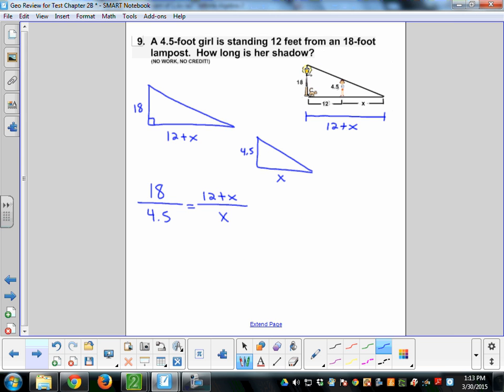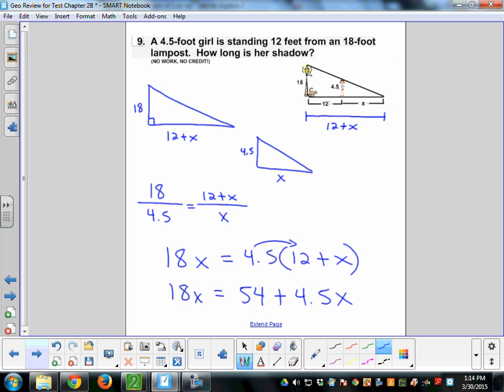When you cross multiply, it might seem a little weird, but you get 18x equals 4.5 times that whole quantity, 12 plus x. So 4.5 times 12 is 54. You have to distribute this to both terms.